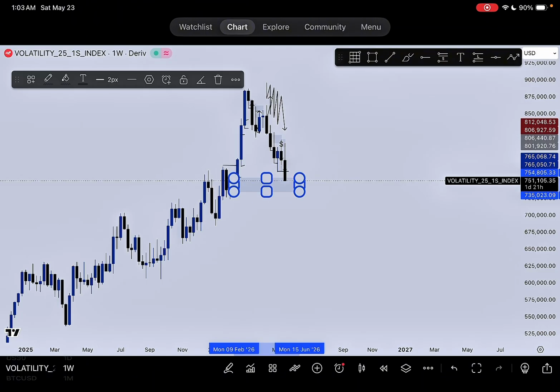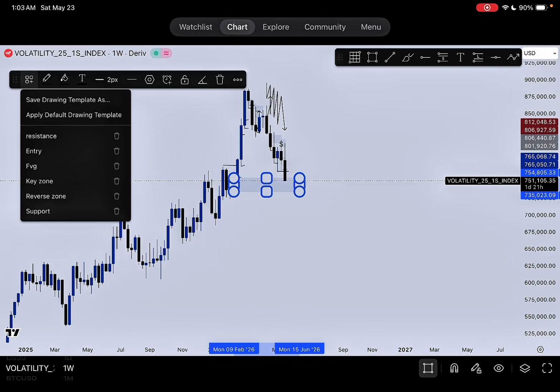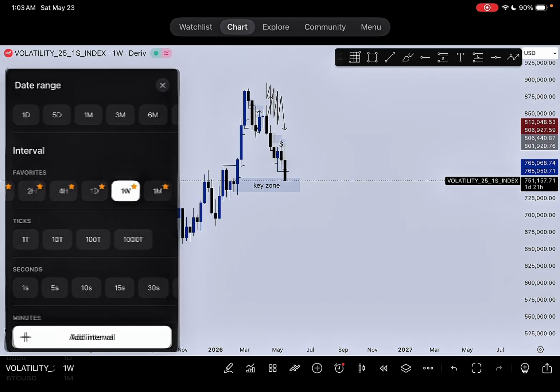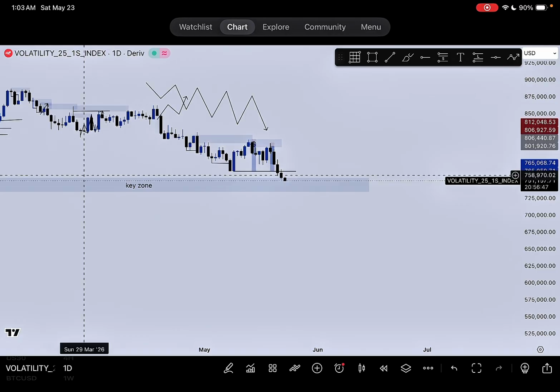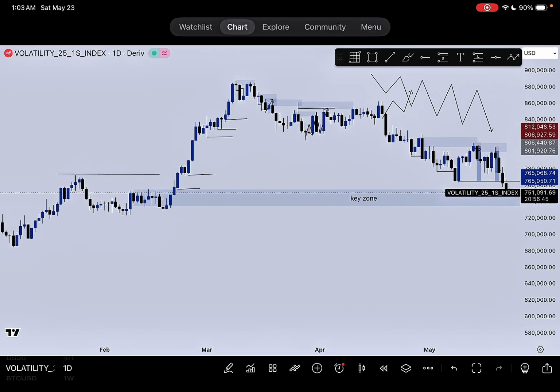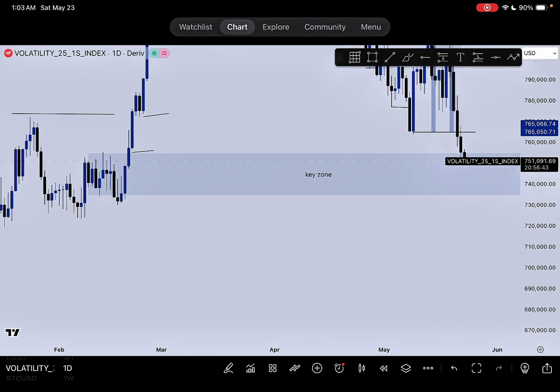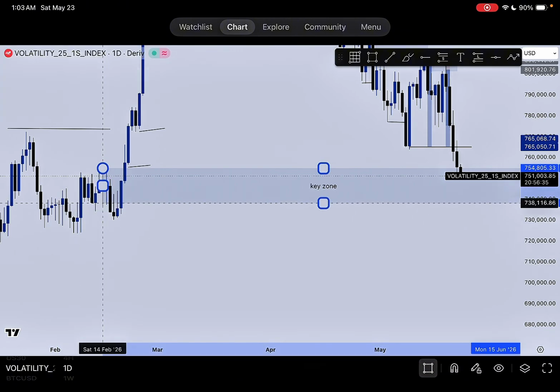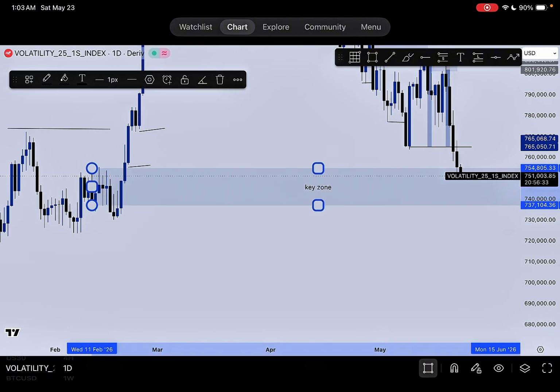This place should be our key zone from the weekly. If we should go down to the daily time frame, that's where the market is currently at. If we want to redefine it, we need to do it like this, to this zone.